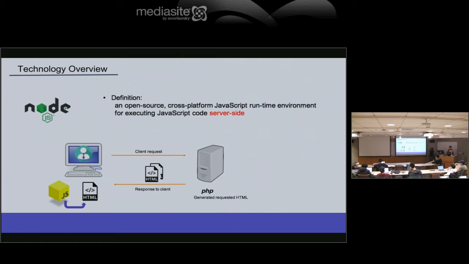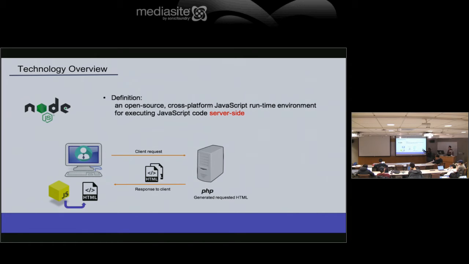And first, I will talk about Node.js, which we will use for our file server. And as other students have already mentioned, Node.js is an open source cross-platform JavaScript runtime for executing JavaScript code server side. As we all know, JavaScript is usually used at the client side, as this picture shows.